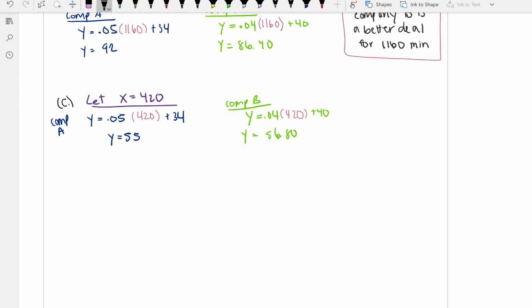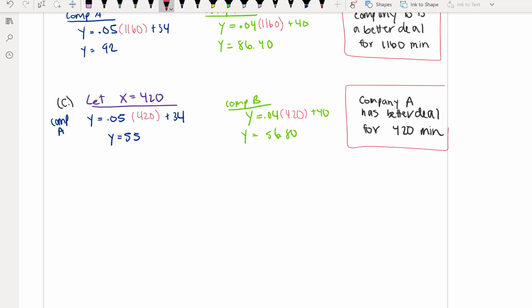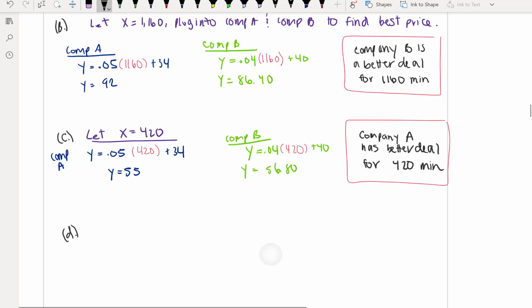So the one that's cheaper is company A. So here, company A has a better deal for 420 minutes. So it really just depends on the minutes here, depending on the plan.